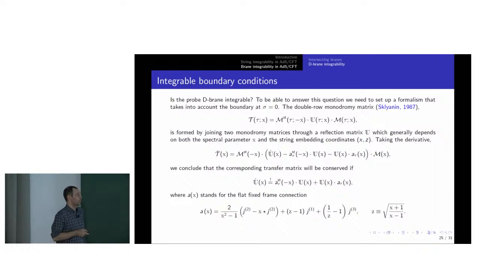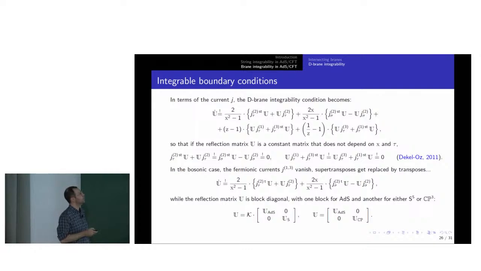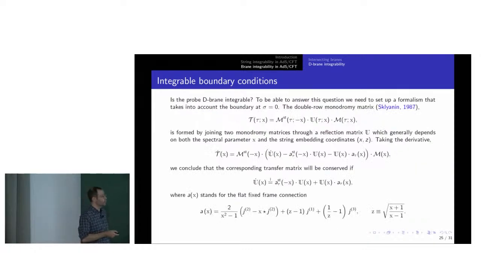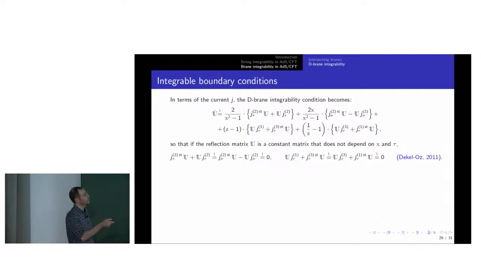And of course, here is just the fixed frame Lax connection that holds for strings in the bulk. We can plug this Lax connection into this formula and get a more precise form of the integrability condition, which is this one over here, which contains two terms for the bosons and two terms for the fermions.